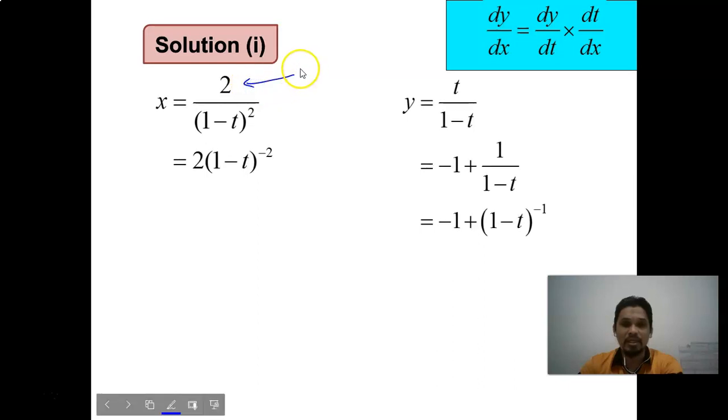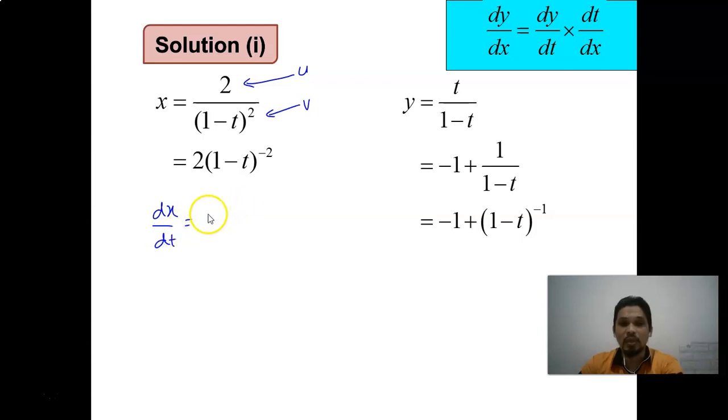Meaning that we define this as u and this as v. So dx/dt equals u prime v minus u v prime, divided by v squared.